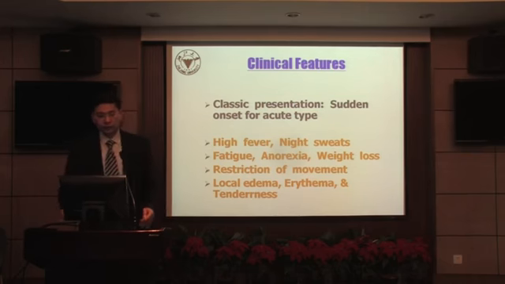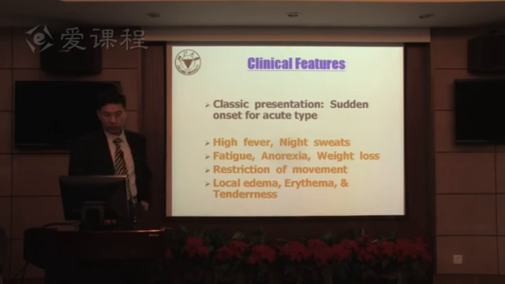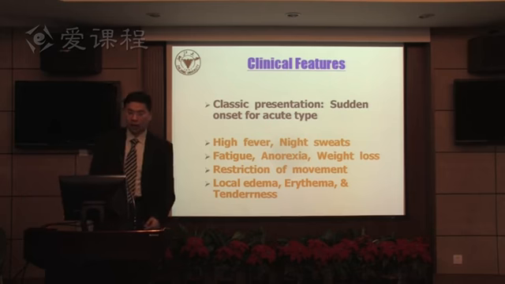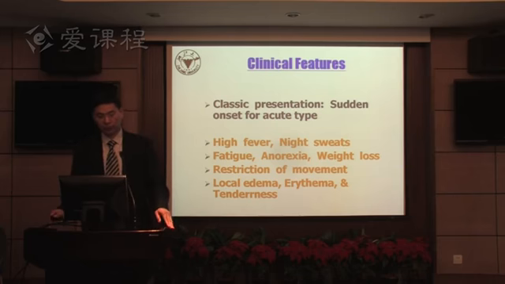Clinical features. In this slide we are going to talk about the clinical features of osteomyelitis. The classic presentation of osteomyelitis is always a sudden onset for the acute type. If it is chronic, it should be an acute type in form.